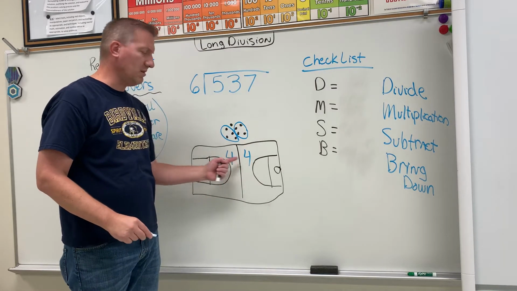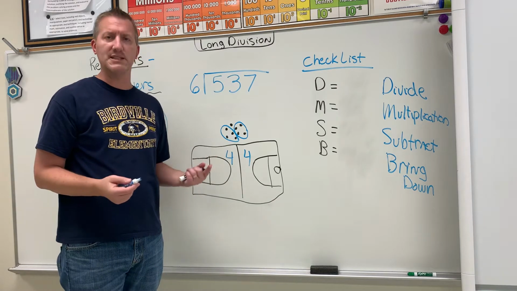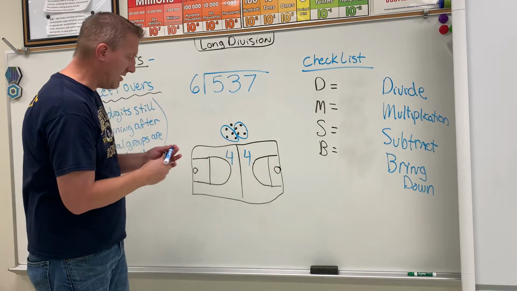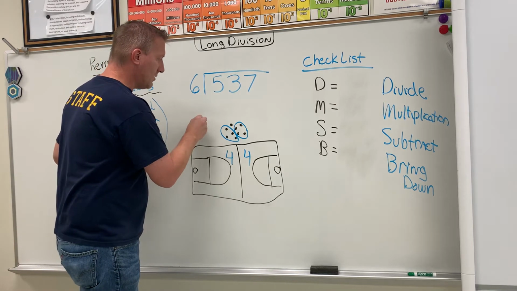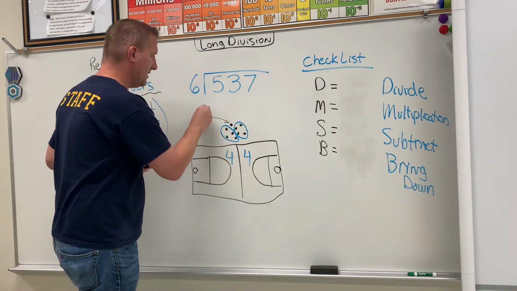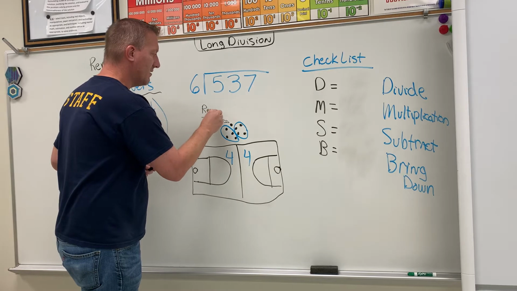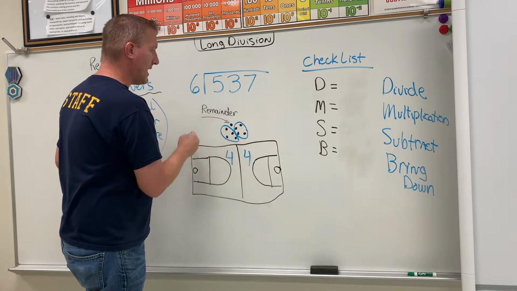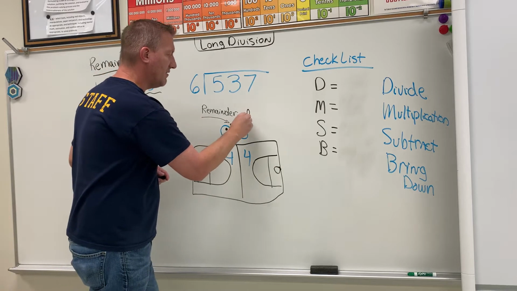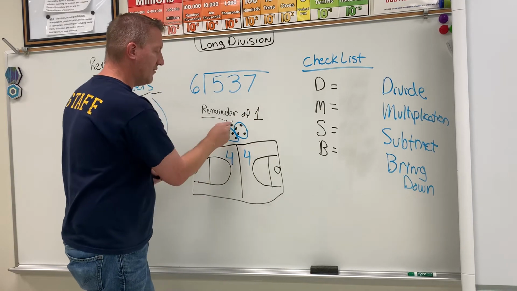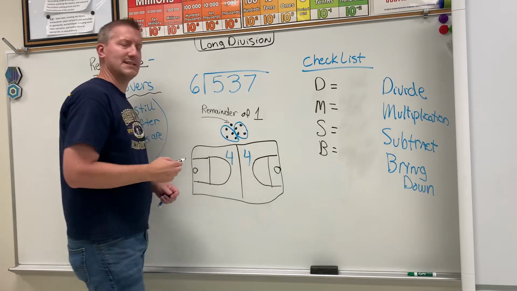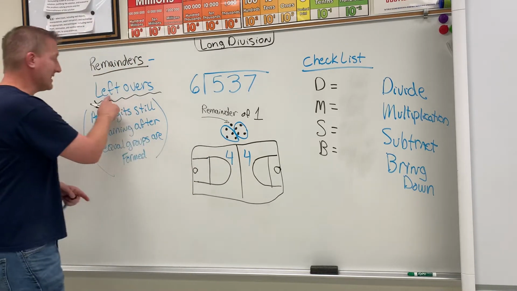Yep, 4 against 4, that's equal. So this one right here is a remainder. This would have a remainder of 1, because 1 digit is left over.